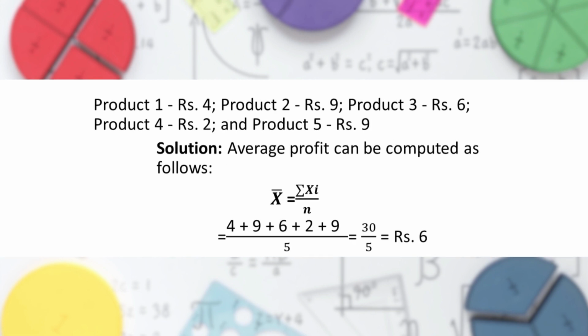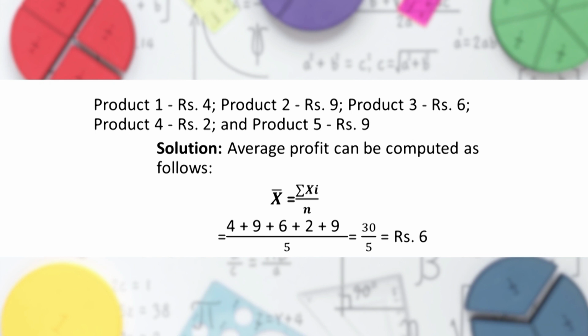Product 1 is fetching rupees 4 per unit profit. Product 2 is fetching rupees 9 per unit profit. Product 3 is fetching rupees 6 per unit profit. Product 4 is fetching rupees 2 per unit profit, and product 5 is fetching rupees 9 per unit profit.